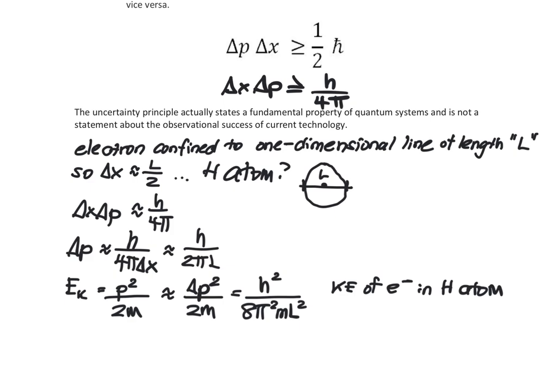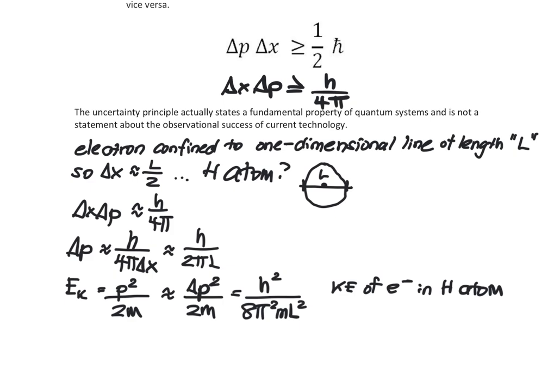We know that kinetic energy is momentum squared over 2 times the mass, which is roughly the change in momentum squared over 2 times the mass. We know that delta p is h over 2 pi L, so if we slip that in for delta p, we get that the kinetic energy of an electron in a hydrogen atom is h squared over 8 pi squared m L squared, where L is the diameter of the atom.